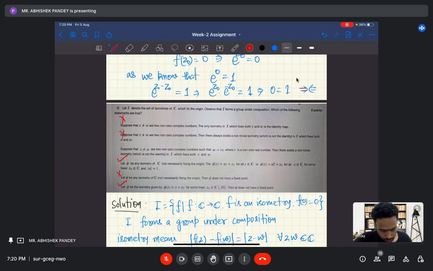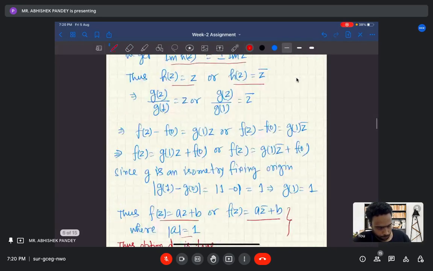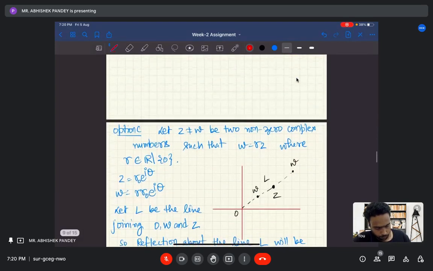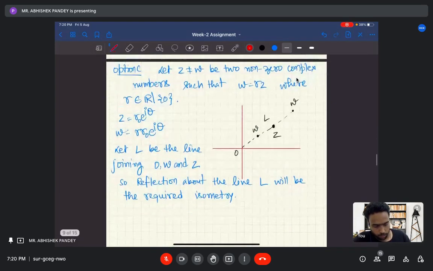Now let us look at the last option. So option C. Option C is about, let Z comma W be two non-zero complex numbers such that W is of the form R into Z. So basically geometrically you can see, suppose Z is here. So Z is suppose R naught e to the power i theta naught. So W equals R into R naught e to the power i theta naught.